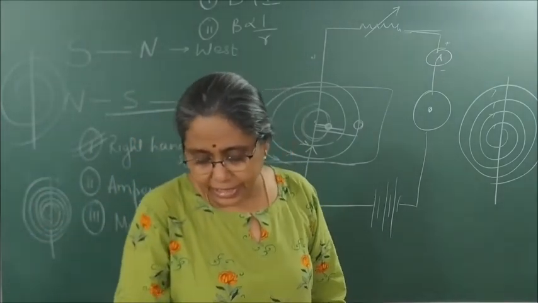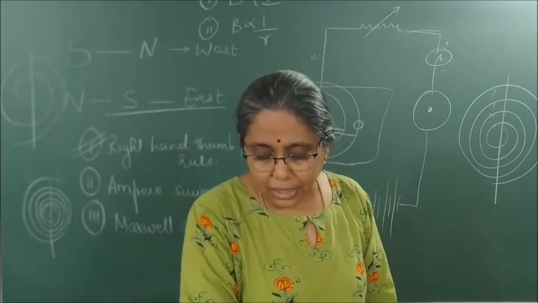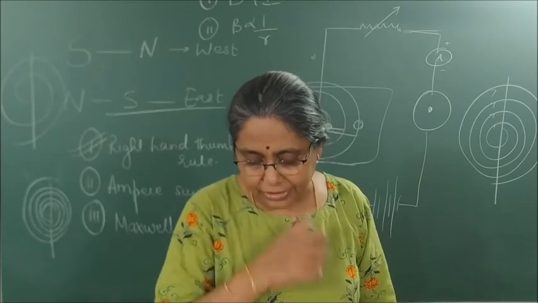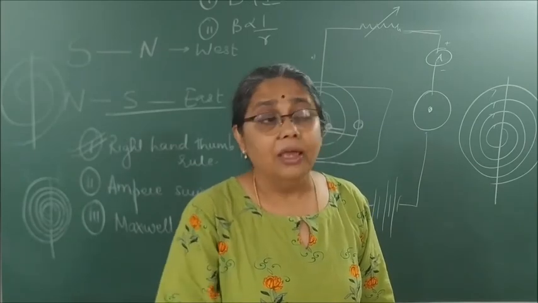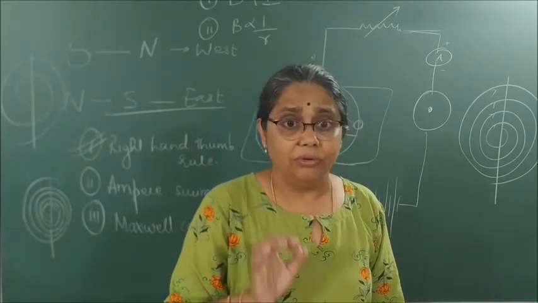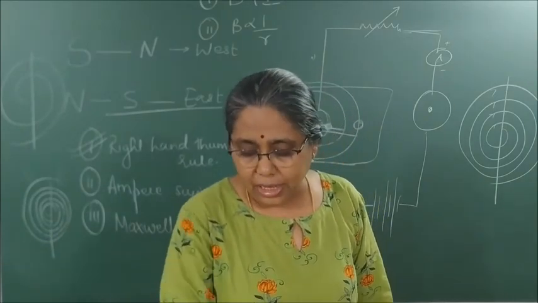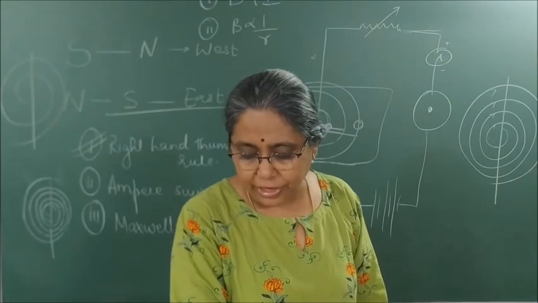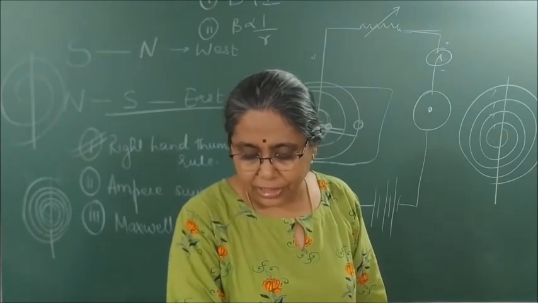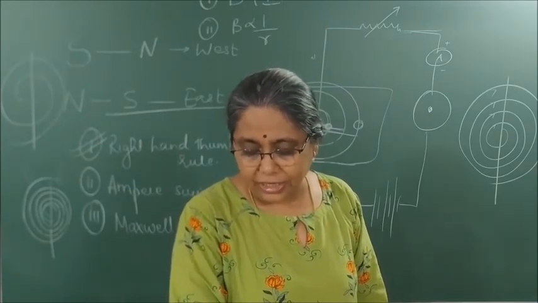So we will read the right hand thumb rule. Imagine that you are holding a current carrying straight conductor in your right hand. Please write that word imagine. You cannot actually hold the straight conductor carrying current in your right hand. Such that the thumb points in the direction of current, then your fingers will wrap around the conductor in the direction of field lines of the magnetic field.